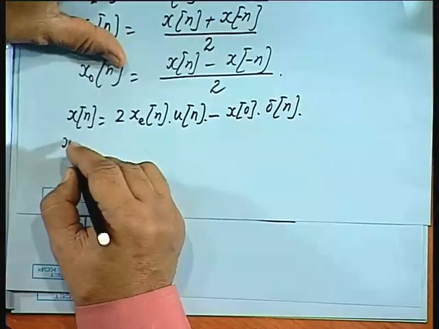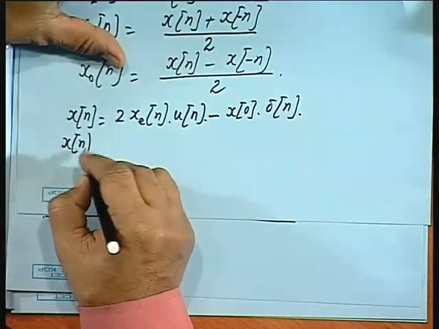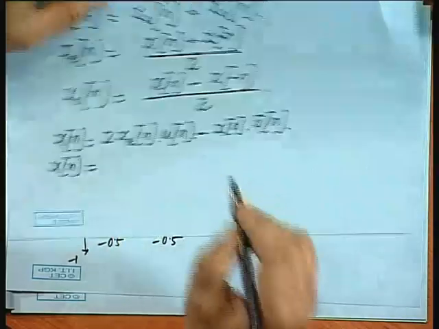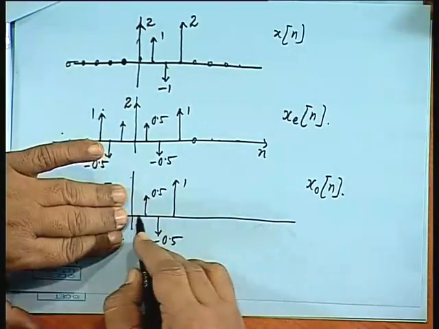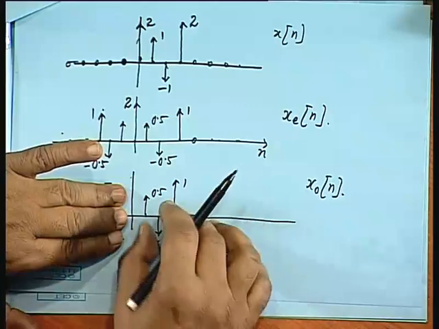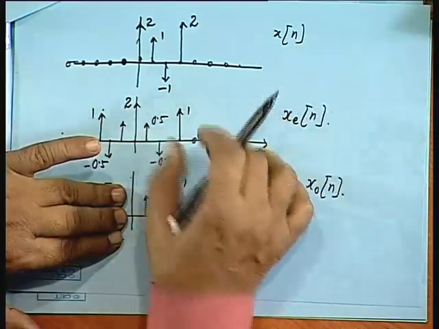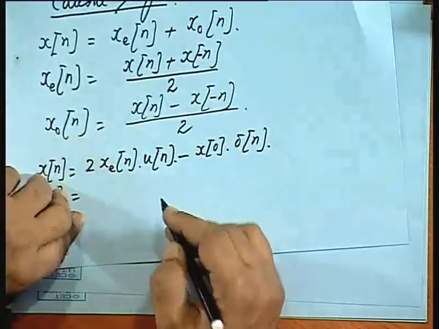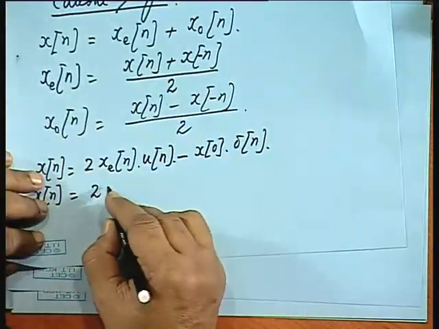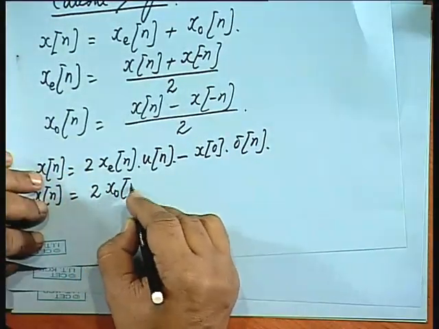Similarly, x n in terms of odd function also, if I multiply by 2 and again further multiply by u n, I get all these terms except the first value. So, x n will be 2 times x odd n.